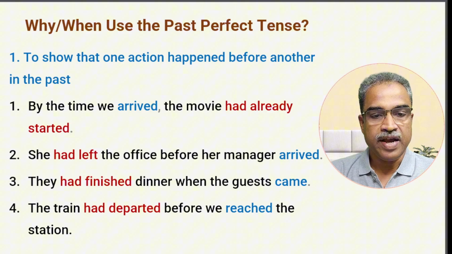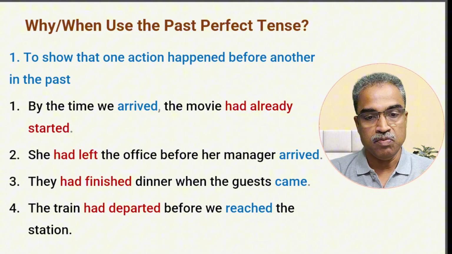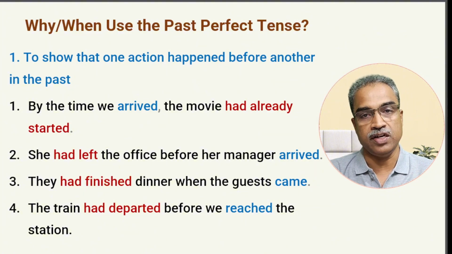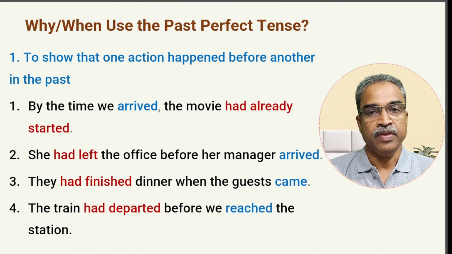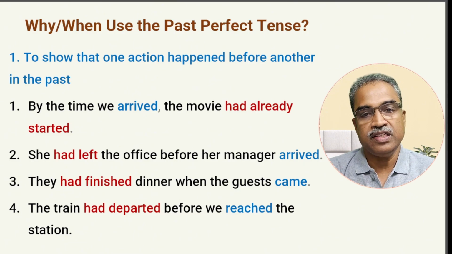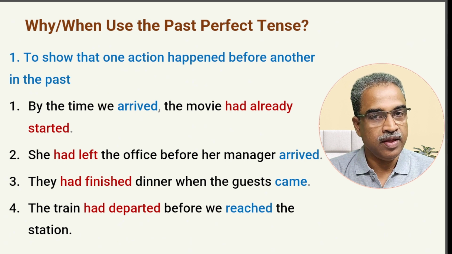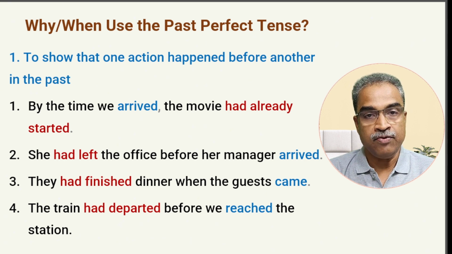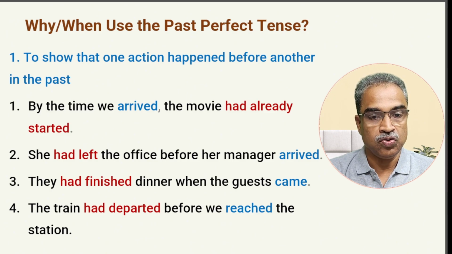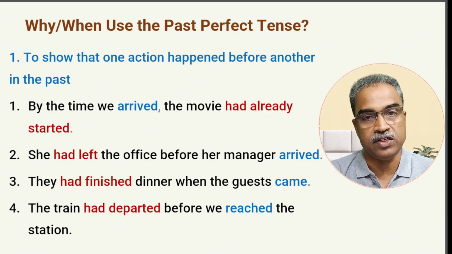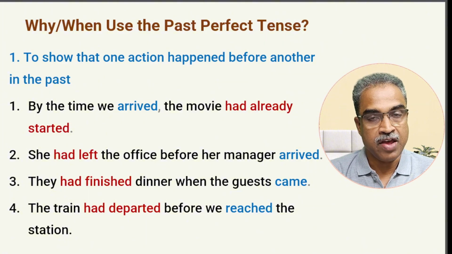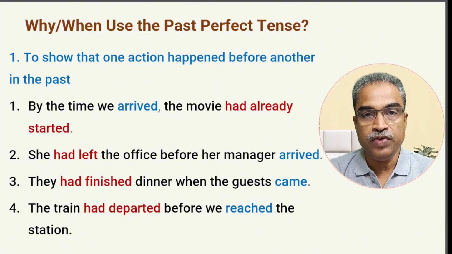First, by the time we arrived, the movie had already started. Just go through the sentence once again. By the time we arrived, we, first person plural, arrive, arrived. So arrived is V2. So we arrived is simple past. By the time we arrived, the movie, we can use the pronoun it for movie.